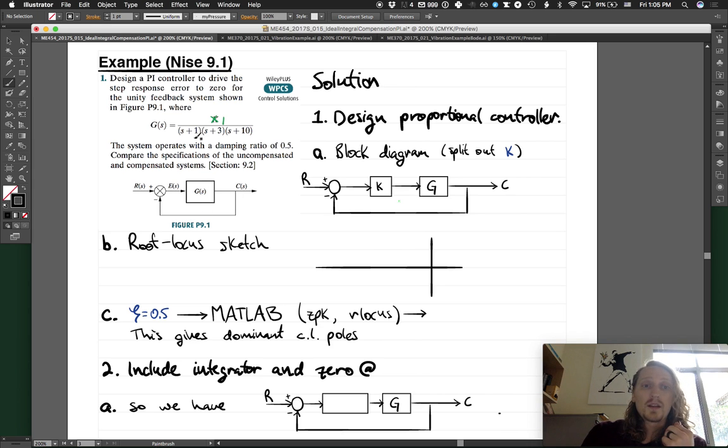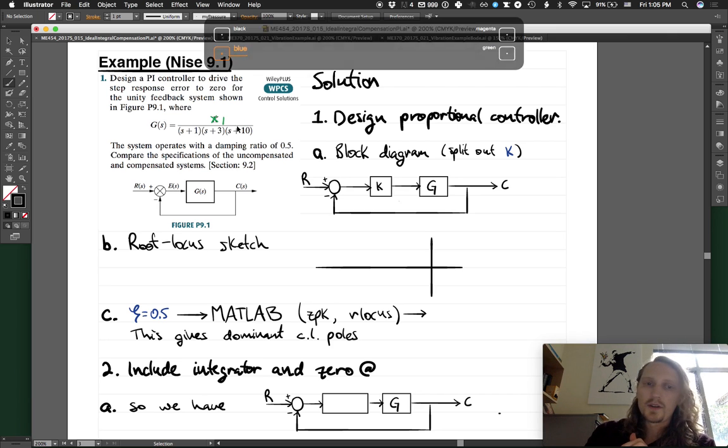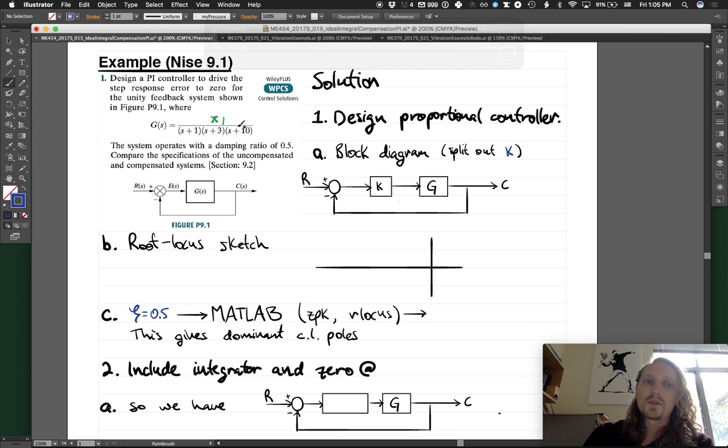And it consists just of G. So we have s plus 1, s plus 3, and s plus 10 in the denominator of the forward path transfer function, which gives us 3 poles, okay? One at -1, one at -3, and one at -10. So I'll try to draw those in.